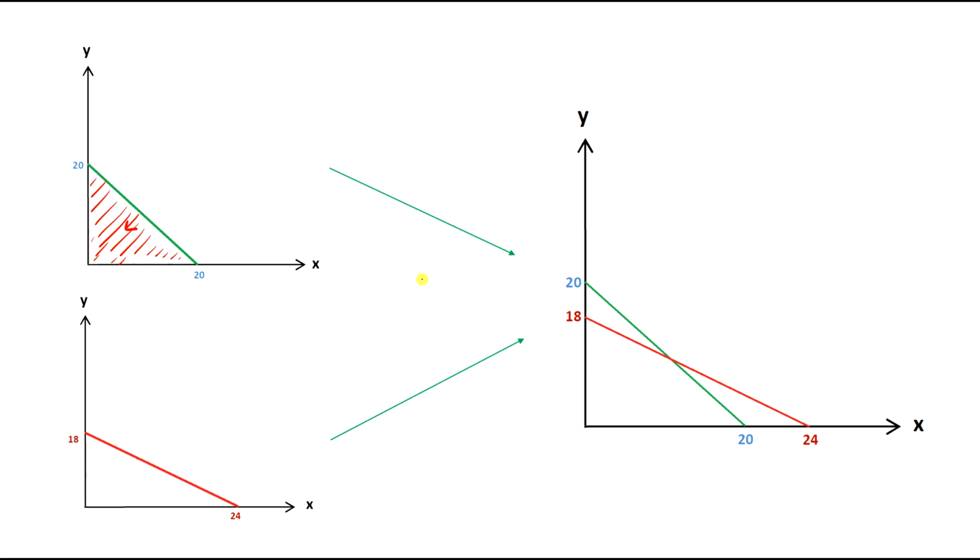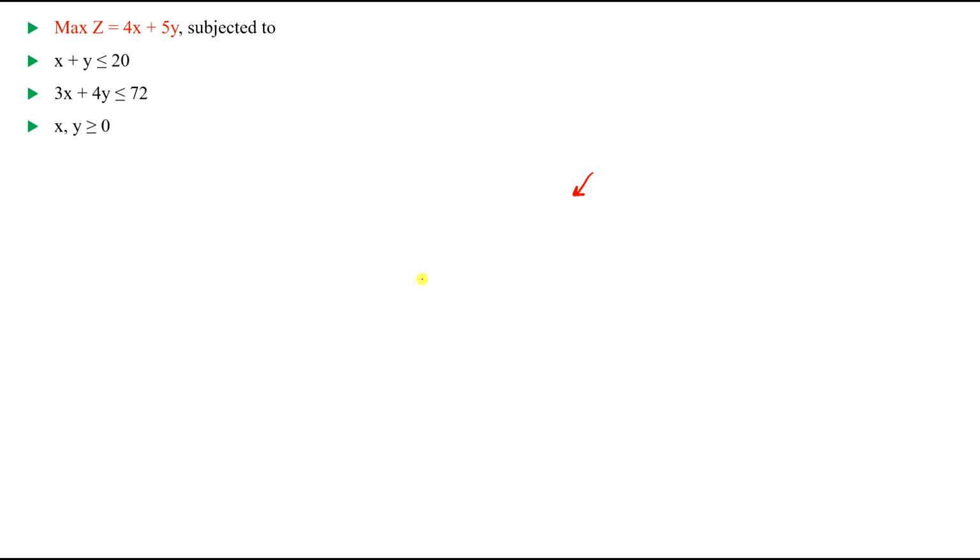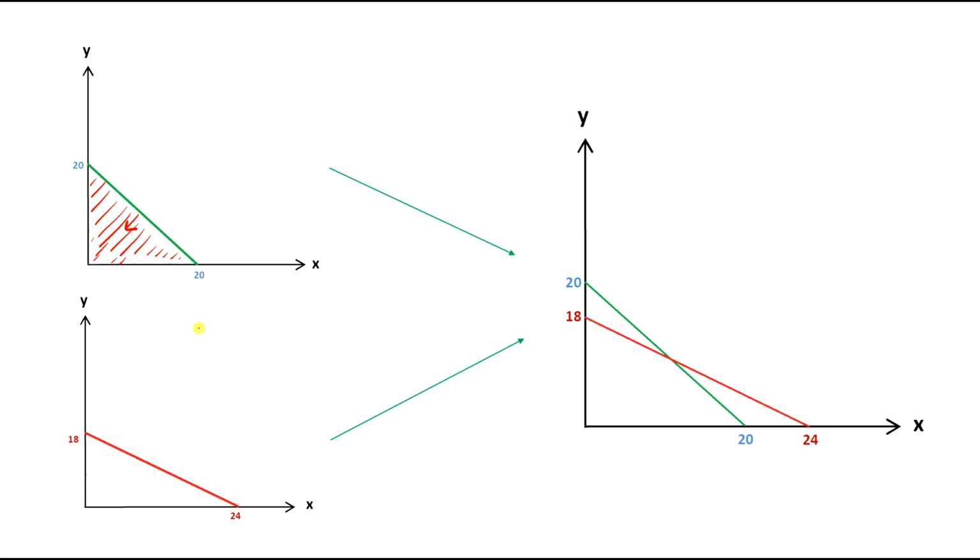Okay, what about the second one? Similarly as before, the second equation is 3x plus 4y less than or equal to 72. This one is 3x plus 4y equal to 72. Now, as you can see, it divides the graph into two regions.